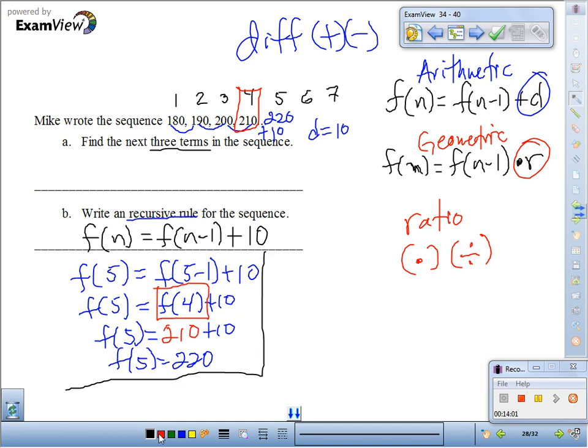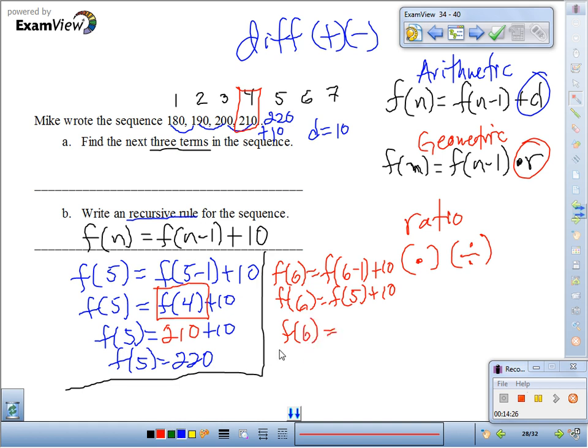F of 6. Yay. F of 6 equals f of 6 minus 1 plus 10. F of 6 equals f of 5 plus 10. You guys remember this? F of 6 equals, what is f of 5, everyone? 220.